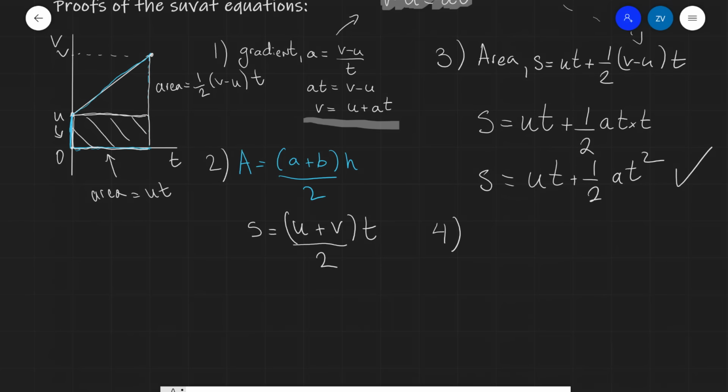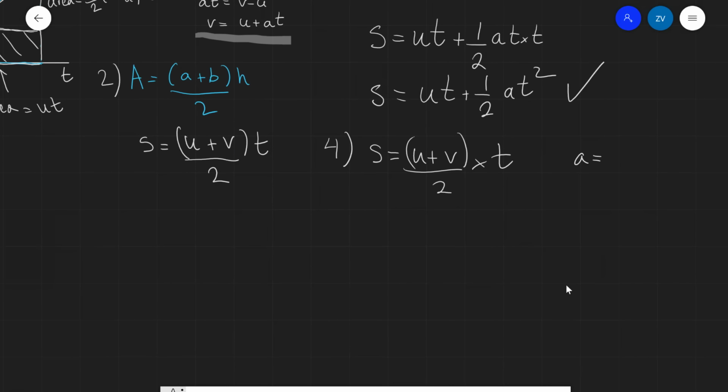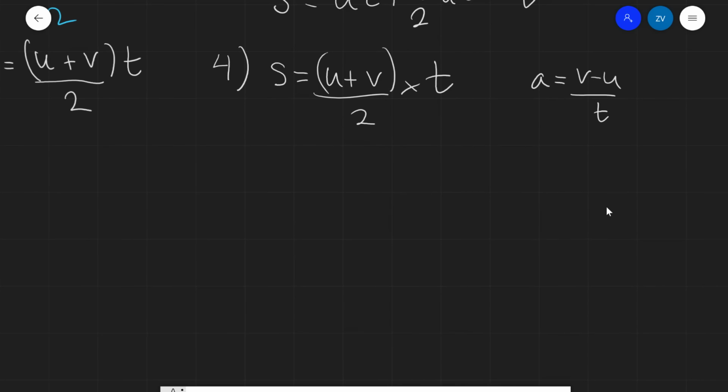Okay, we're almost there. Let's prove the fourth equation as well. So let's start off with this one here. s is equal to (u plus v) over 2 multiplied by t. Well, remember, acceleration is change in speed, (v minus u) over t. Let's just rearrange the equation here on the right for t.